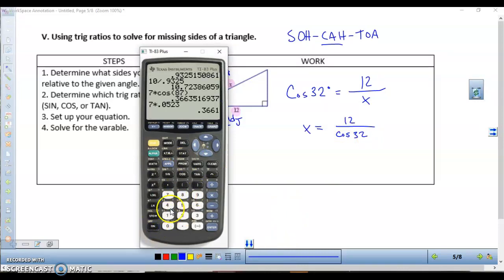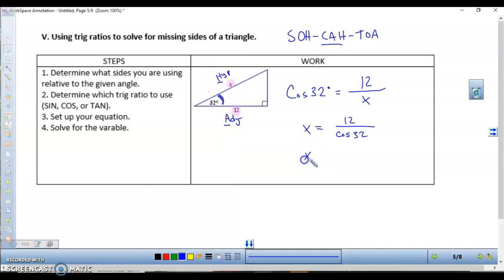That's what I typically do just to save a step. And I'm just going to do 12 divided by the cosine of 32. And I get that x is 14.1. I didn't tell you how to round this one, but pay attention to the directions, of course. But x is 14.1. There we go.